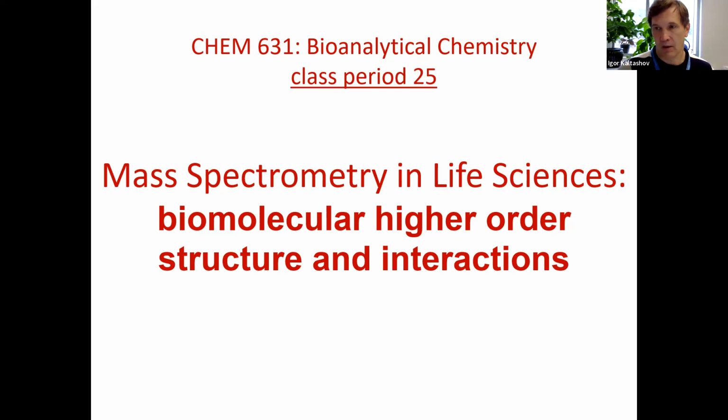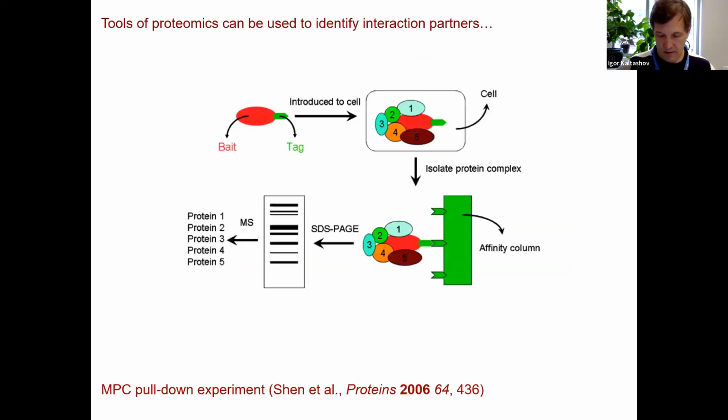And I want to start with some perhaps trivial considerations, well, perhaps not trivial, but something that is not so sophisticated as shown on the slide. So the idea is that you want to find out what interaction partners a certain protein or any other biopolymer has.